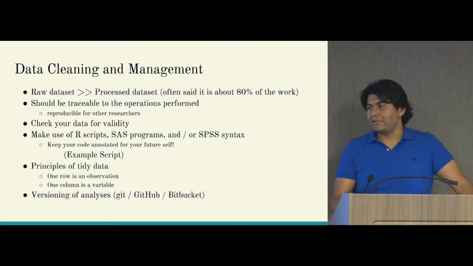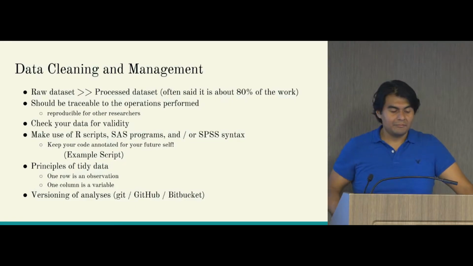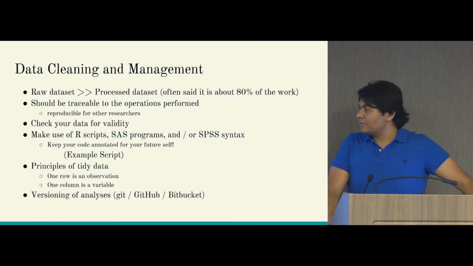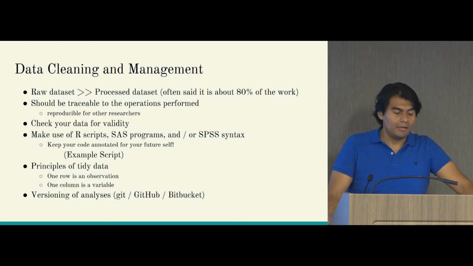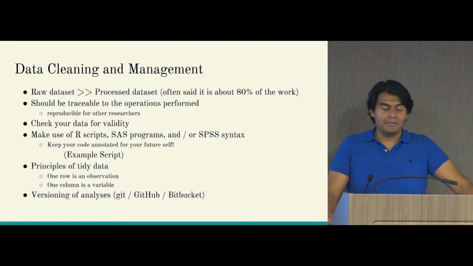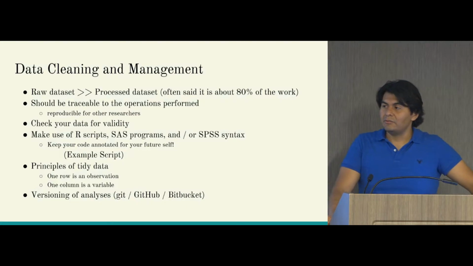You may also want to invest in learning some software that can version your analyses, and mainly what we use in the Waldron lab is Git and GitHub. Git is just software that will keep track of all the changes that you've made to your analyses, and in case you do have some issue, you can always revert back to what you had previously.